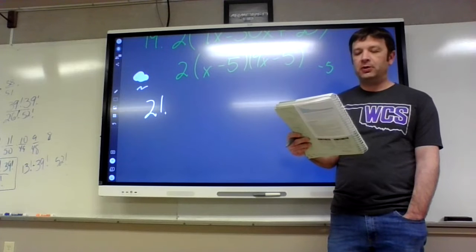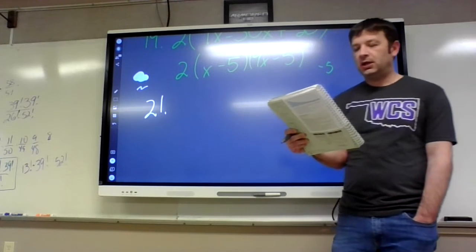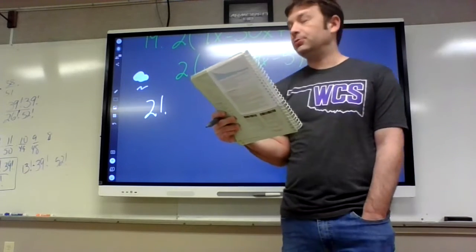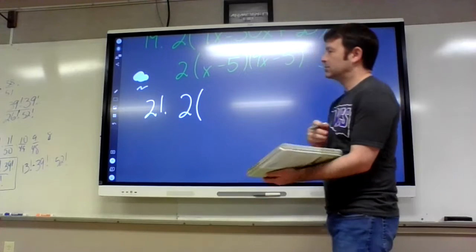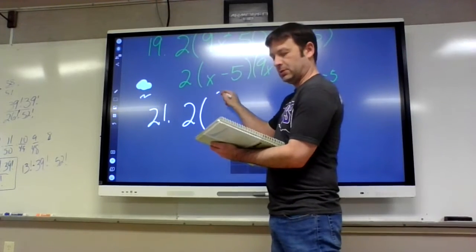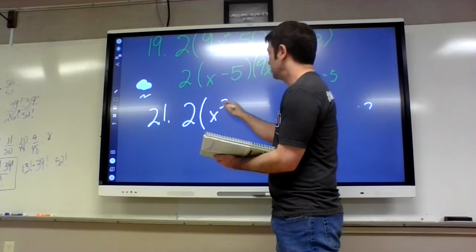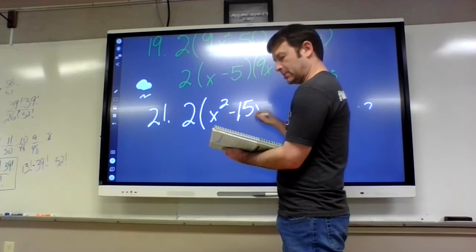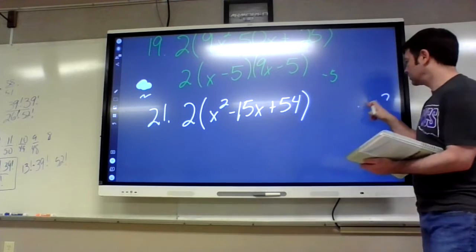Okay, 21, what should we do first? Can I take anything out of those? 2. What's left if I take a 2 out? x squared minus 15x plus 54.